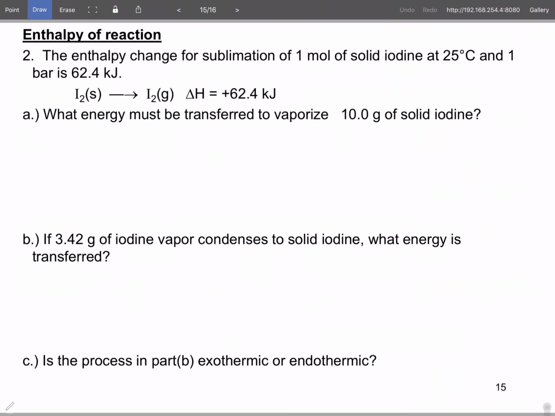Okay? So the enthalpy change for sublimation of 1 mole of solid iodide at 25 degrees C and 1 bar. What's the 1 bar? Do we have to use it? No. It's just standard conditions for this. So this is our equation. What energy must be transferred to vaporize? Well, vaporize is the big term to go from a liquid to a gas.